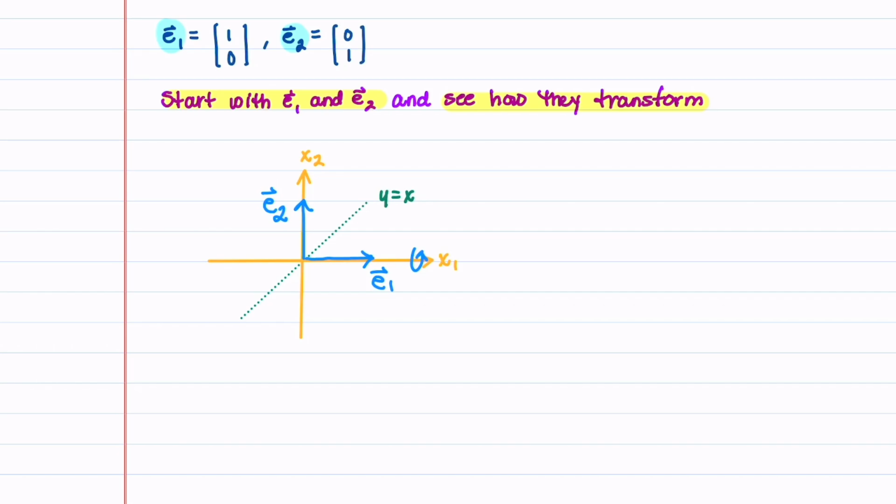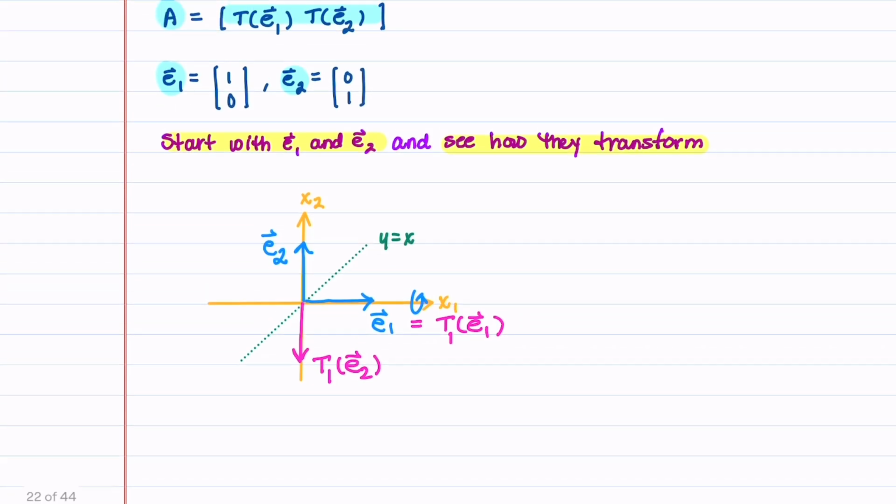Let's label this one as T1 of E1 because we have two transformations. E2 is going to come down here because it's going to reflect around the x1 axis. So let's label this one as T1 of E2.